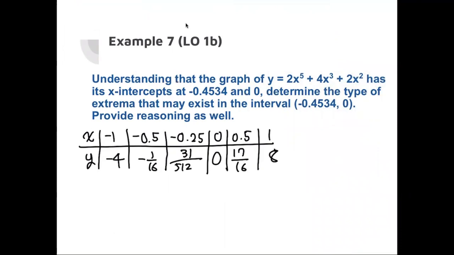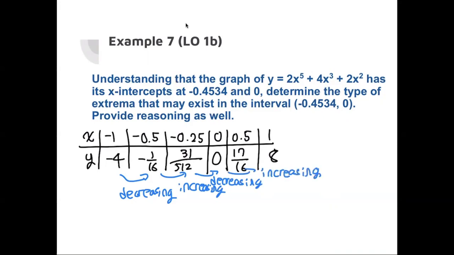Okay, if you take a look at this, the graph is decreasing, right? So it's decreasing and then it's increasing, and then it's decreasing, and then it's increasing.